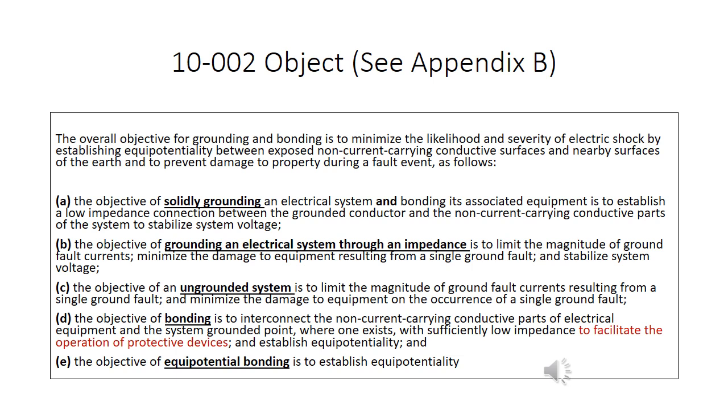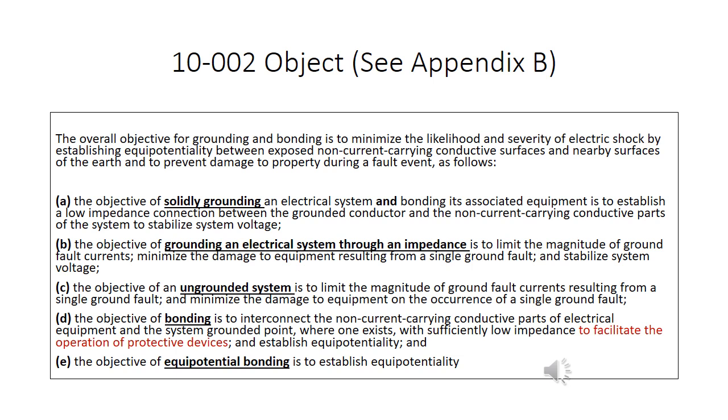The overall objective for grounding and bonding is to minimize the likelihood and severity of electric shocks by establishing equipotentiality between exposed non-current carrying conductive surfaces and nearby surfaces of the Earth, and to prevent damage to property during a fault event, as follows.